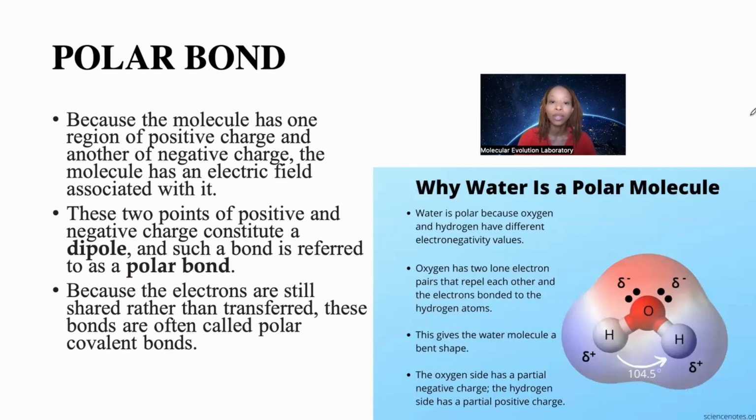You have a dipole that is formed as a result of a positive charge region and a negative charge region, and it's unequal, and that's how you get the polar bond.